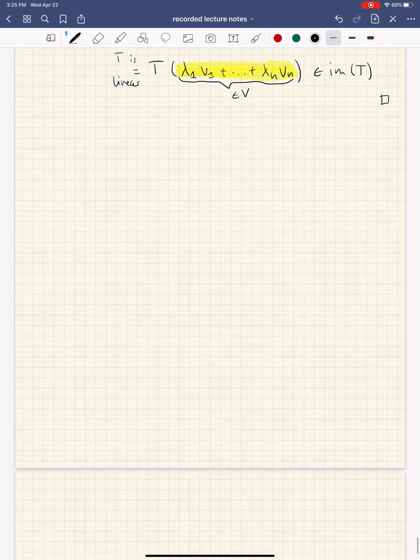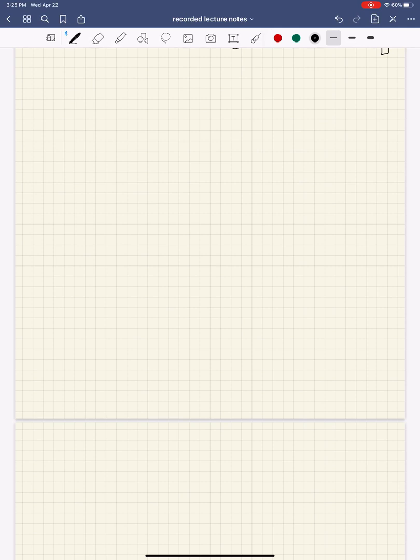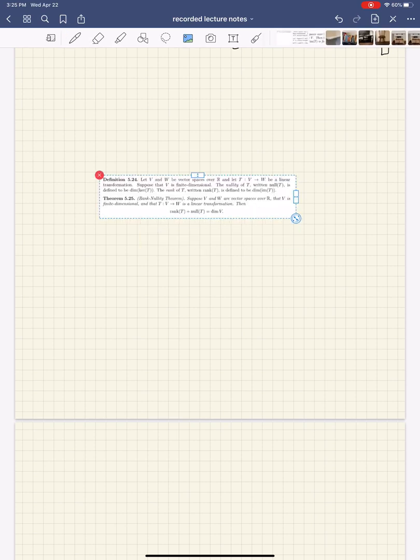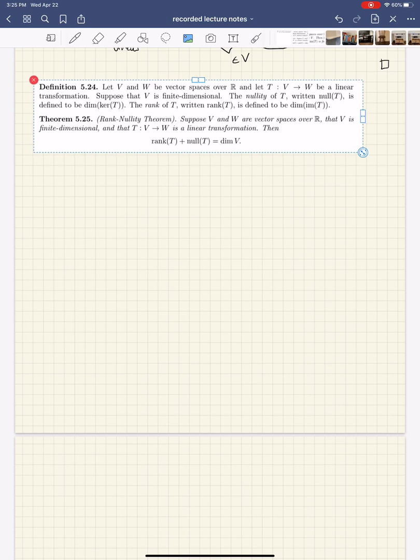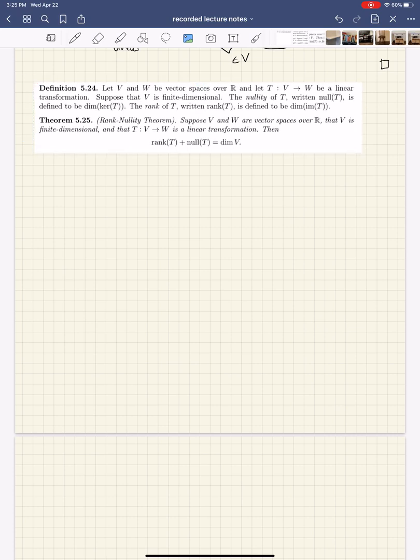Let's get to our next definition and then also to the rank-nullity theorem. So I'm going to put them up here together. First of all, we're going to give the dimension of the kernel and the dimension of the image a name.